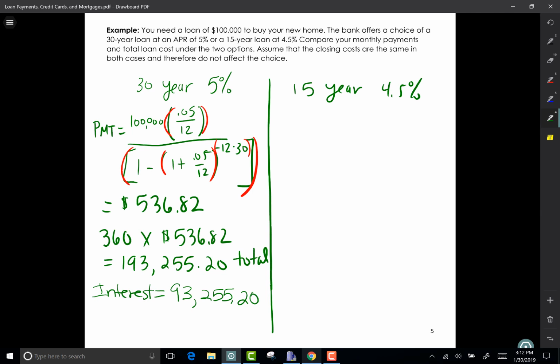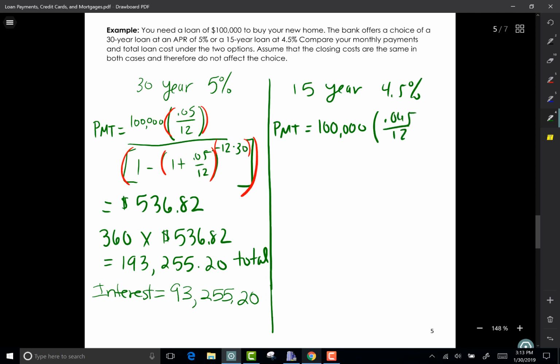Okay, now let's compare this to the 15-year loan at 4.5%. I take my principal, which is 100,000 times 0.045 divided by 12, all divided by 1 minus 1 plus 0.045 divided by 12, raised to the power of negative 12 times 15, because it's 15 years now.